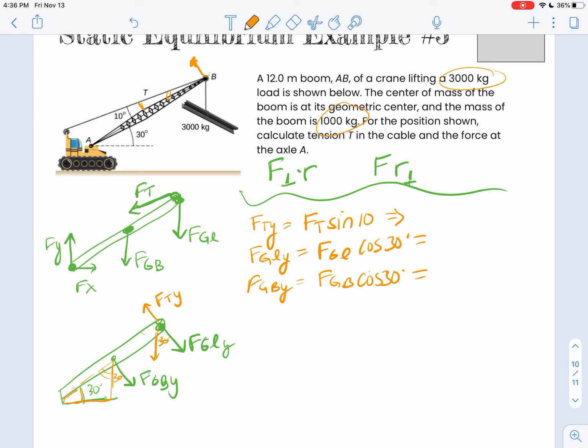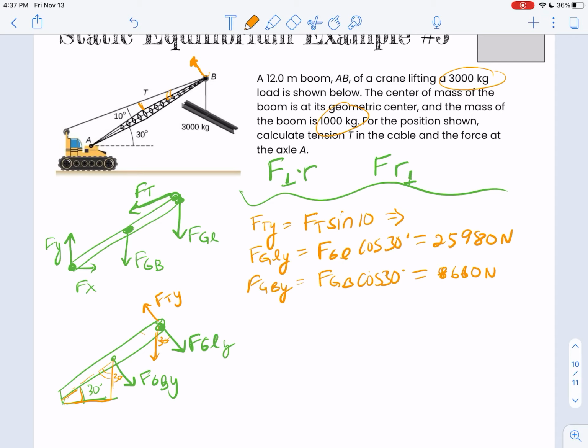Okay, clear. 30 cosine, times 3,000 times 10. I hope I'm doing this right. 25,980. I'm just going to round it to keep it simple. Could be 9.81, but come on, that looks like a lot of sig figs. Okay, and then cosine of 30 times the boom itself, 1,000 kilograms times 10. So that's going to be 8660 newtons. Okay, that'll just make it a little easier later.